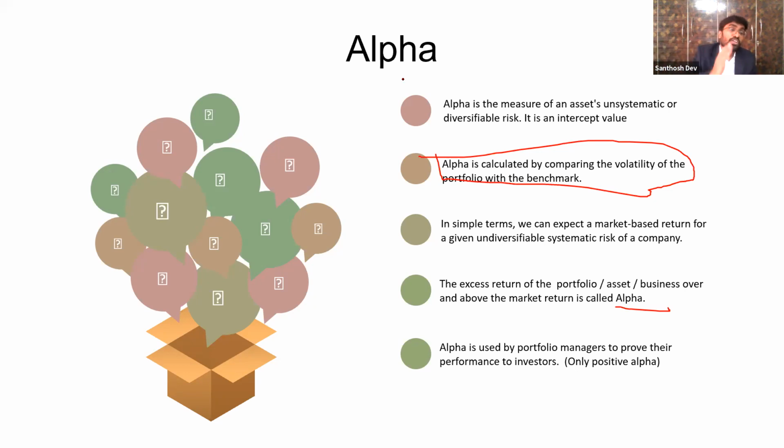If you are expecting 15% return, and if they are able to make 16% return, that 1% is because they have taken an extra risk somewhere. You do not know what kind of risk they have taken, but the 1% that they have earned extra is the alpha. So in your calculation of fair value, this alpha will not come into play, because in calculation of your fair value, you only compare it with the market return.